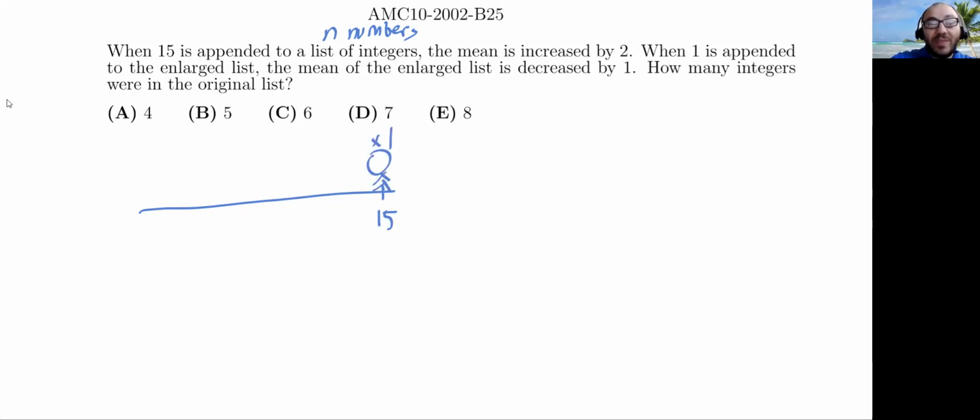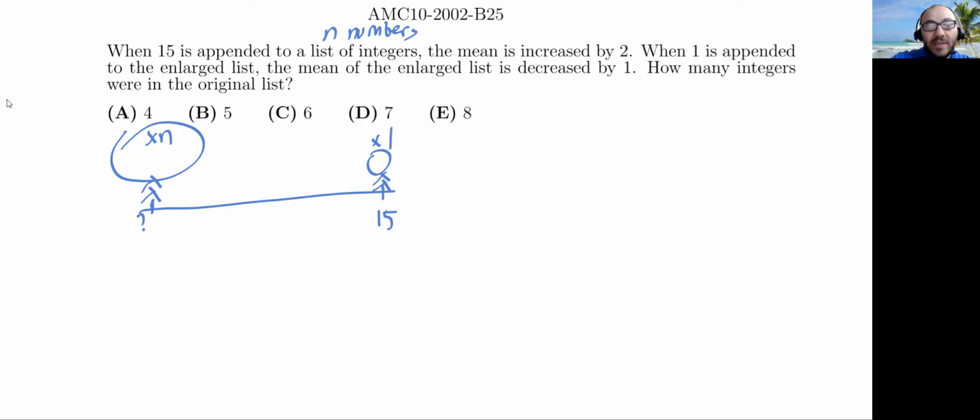So this is one number, so 1 times fat. And then somewhere here, there's a fatter guy, n times fat. And I don't know where that guy is. That's the average of the original n numbers.